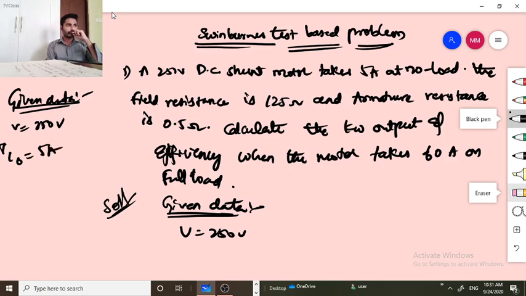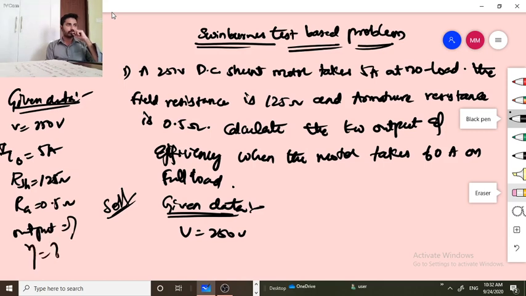IL naught is a no load current, and field resistance RSH is equals to 125 ohms, and armature resistance is 0.5 ohms. So you need to calculate output power and efficiency. Okay, these are the given data. So if you want load current at 60 amperes, so I'm erasing the problem.